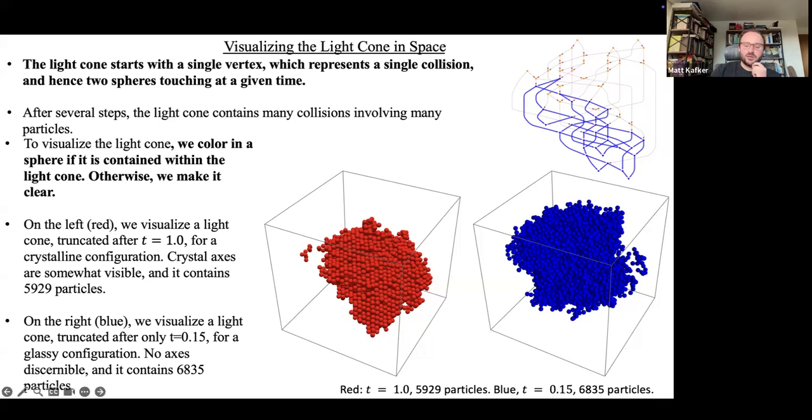This is kind of cool because this is how collisions propagate through a substance. If you think about sound as just compressing the system and the compression propagating through the substance as a function of space, what we can see from this is that we expect a glass of hard spheres to have a much higher speed of sound than a crystal of hard spheres.